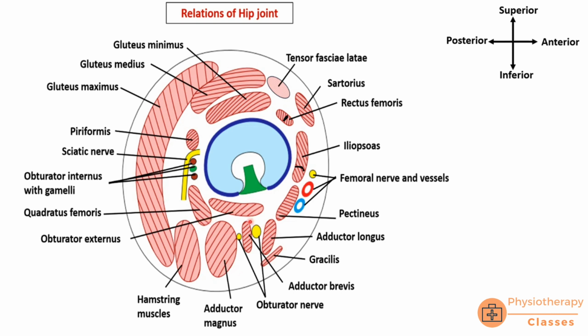Outside that we will have the adductor group of muscles which will be present more anteriorly, and the hamstring muscles which will be present more posteriorly, and the nerve that you see here, which is not in very close relation to the hip joint, but this nerve is the obturator nerve. So these are the relations of hip joint.